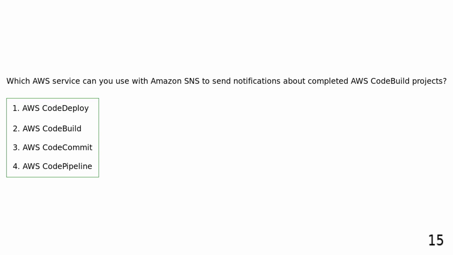AWS CodeDeploy, AWS CodeBuild, AWS CodeCommit, AWS CodePipeline. AWS CodeBuild can be configured to send notifications through Amazon SNS when a build project completes, providing updates on the success or failure of your builds.